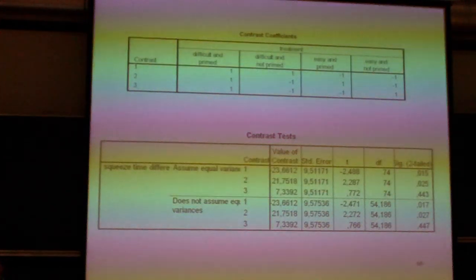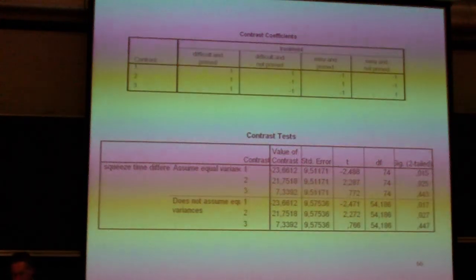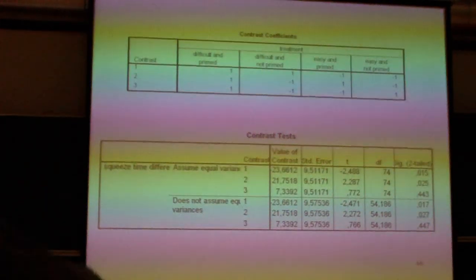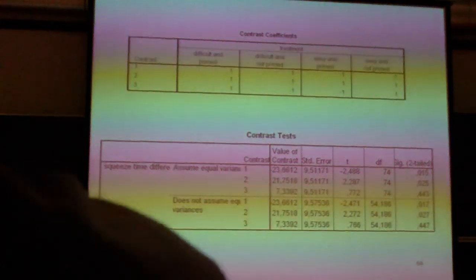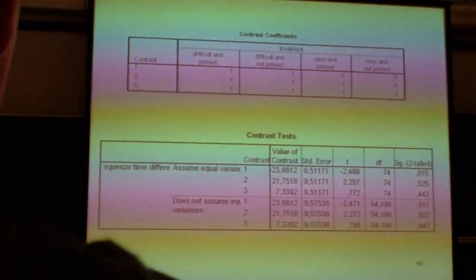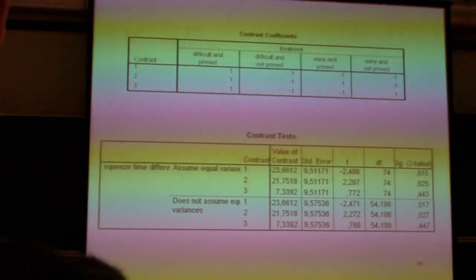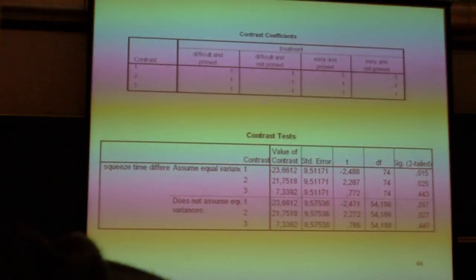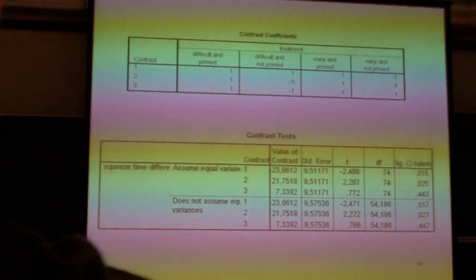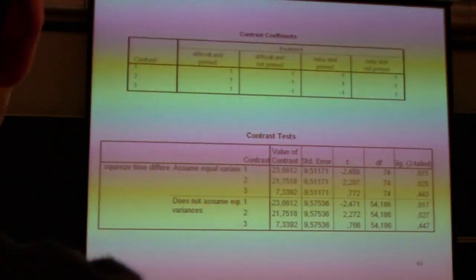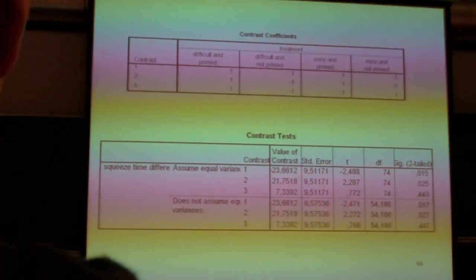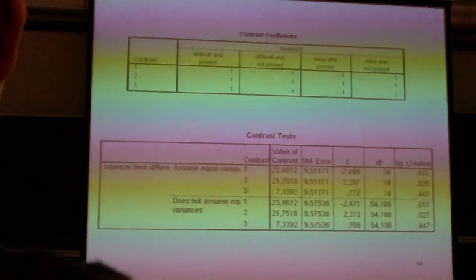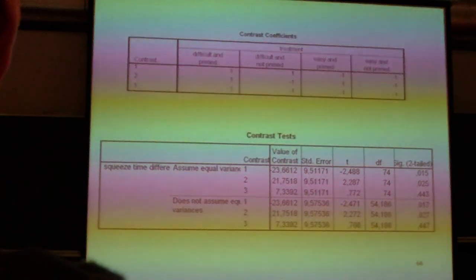Now, of course, if we test main effects, a main effect for priming, a main effect for difficulty, and an interaction effect, then the first thing we will be looking at is, of course, the result of the interaction effect. Because if there is a significant interaction effect, then it may not be meaningful to look at the main effect by itself, but we might be more interested in looking at so-called simple effects, because once again, an interaction effect implies that the difficulty effect will be different under neutral and under perseverance primed conditions.